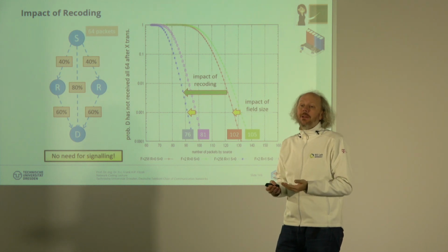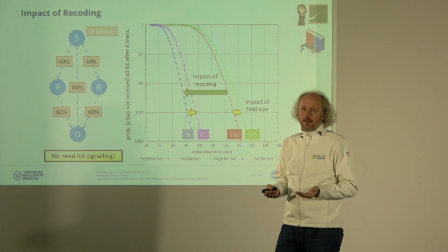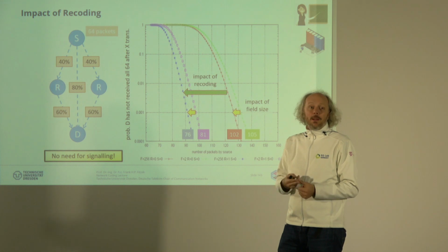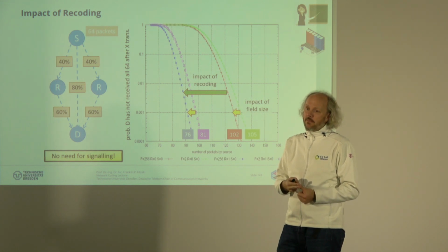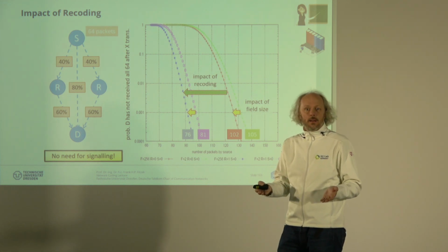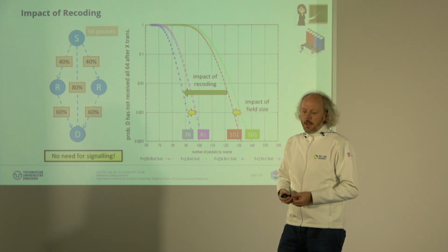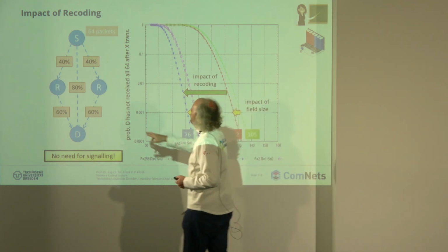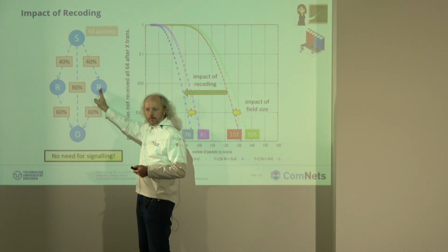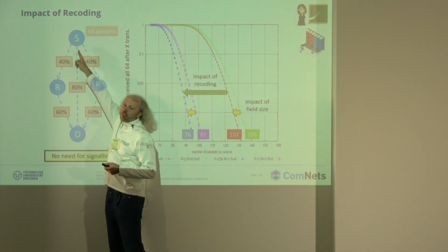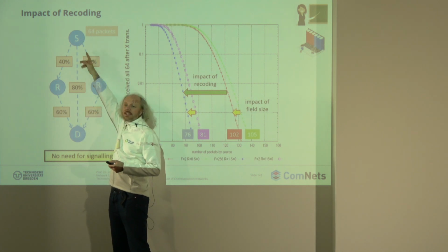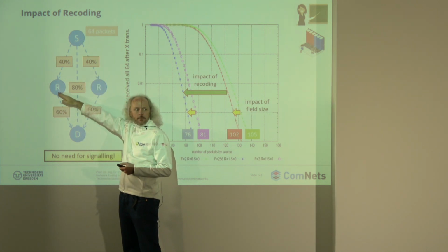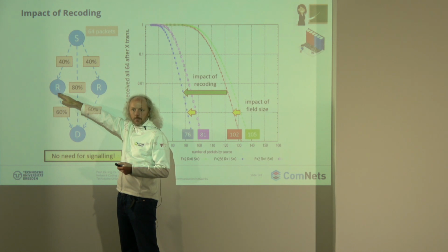So the decoding probability depends on what? It will depend on the field size, for sure. We did this before, right? Even here, maybe. But it will also depend whether it's a repeater or a recoder here. So let's assume you use an RLNC end-to-end code or Reed-Solomon in the beginning with a repeater here. Okay?